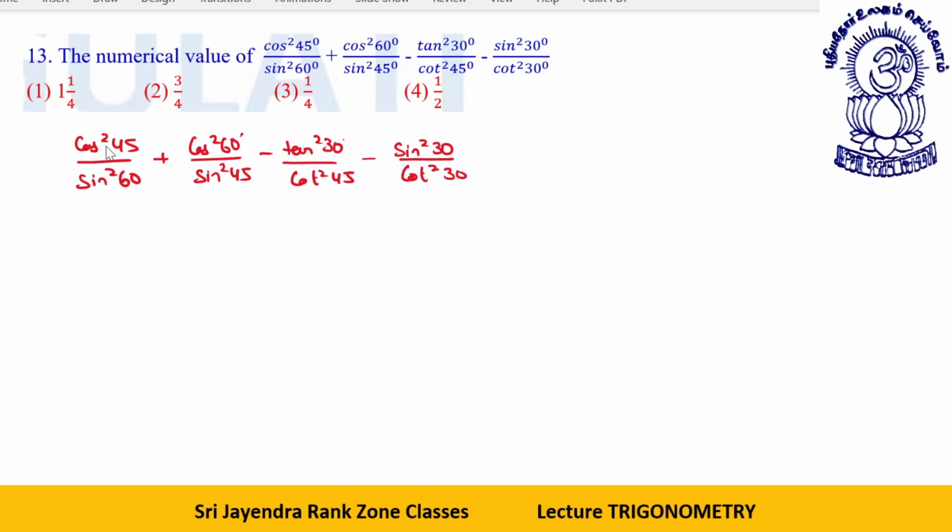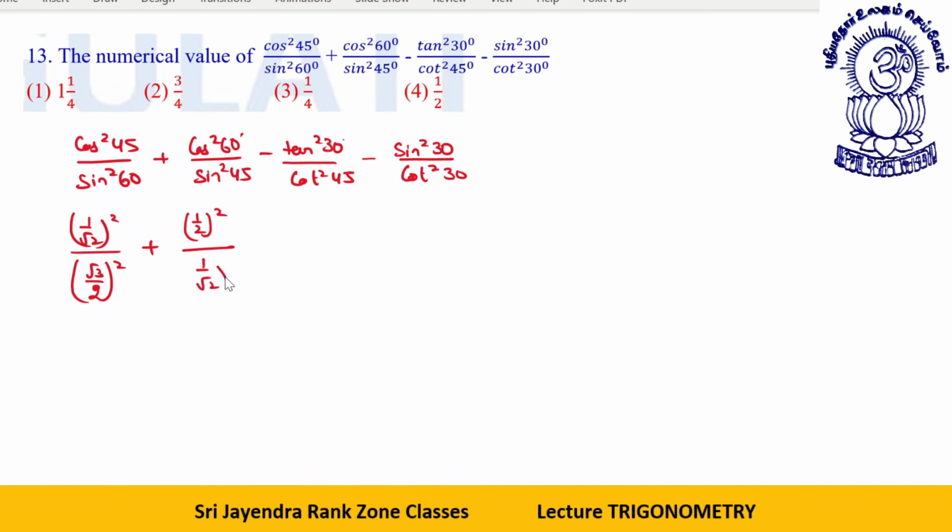Let's put the values. Cos square 45 means (1 by root 2) square. Sin 60 is (root 3 by 2) square, plus cos square 60. Cos 60 is 1 by 2, so (1 by 2) square.